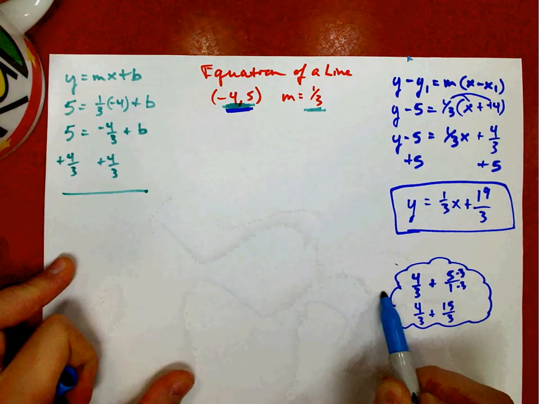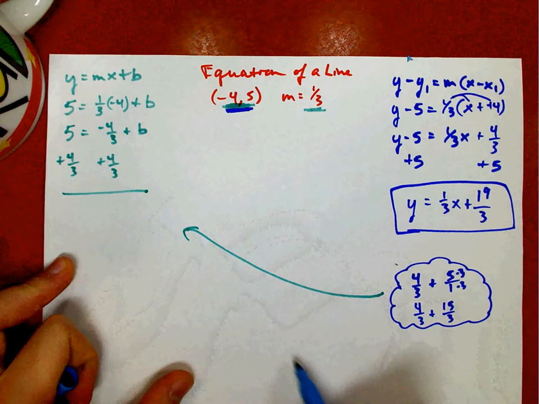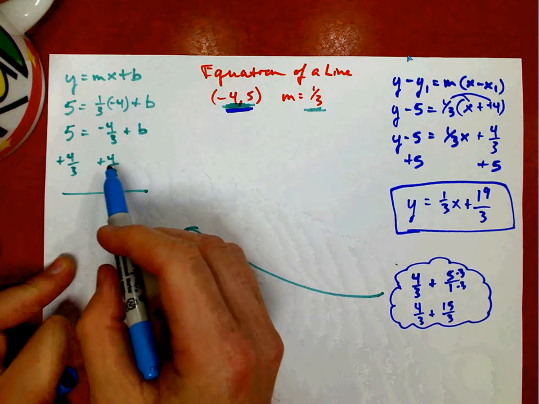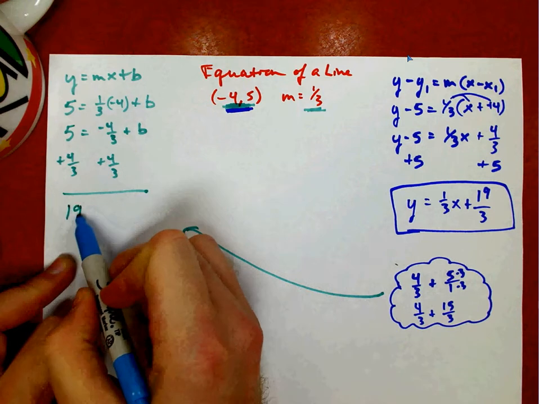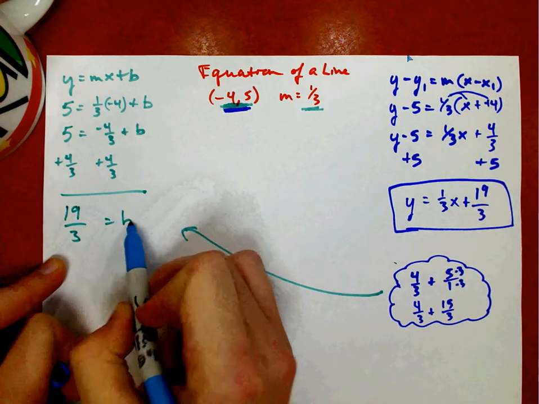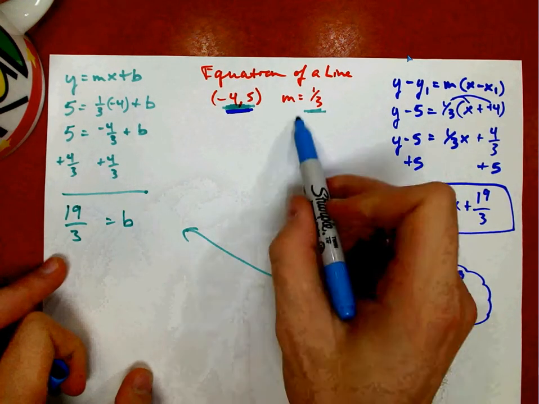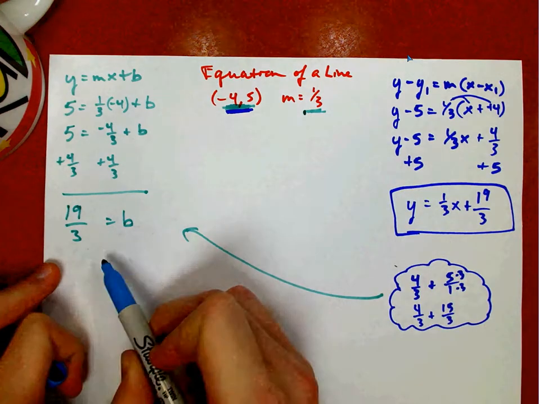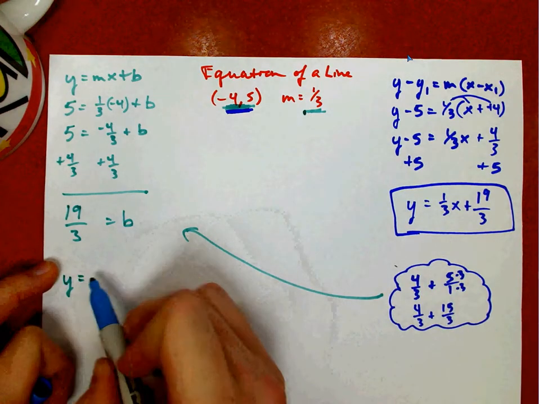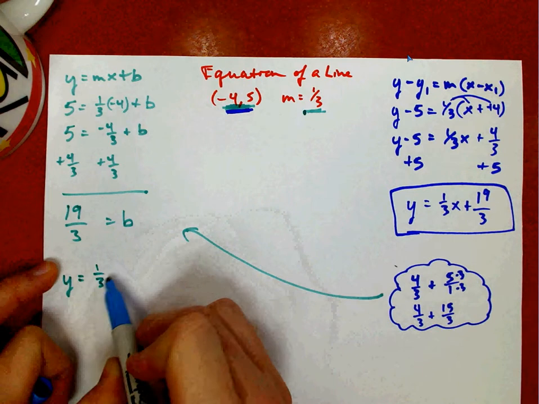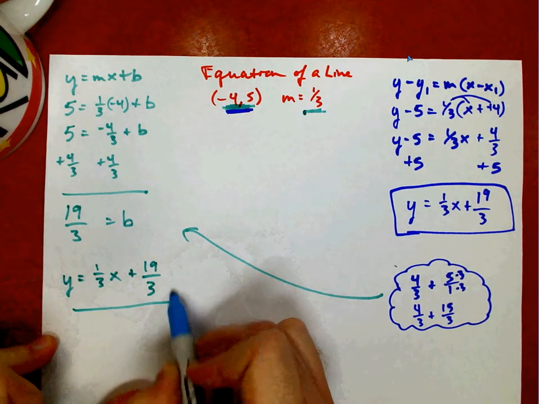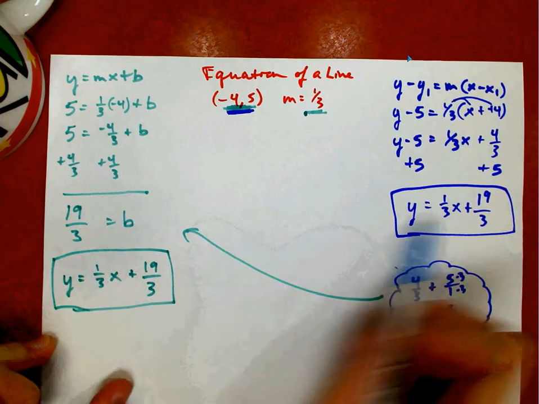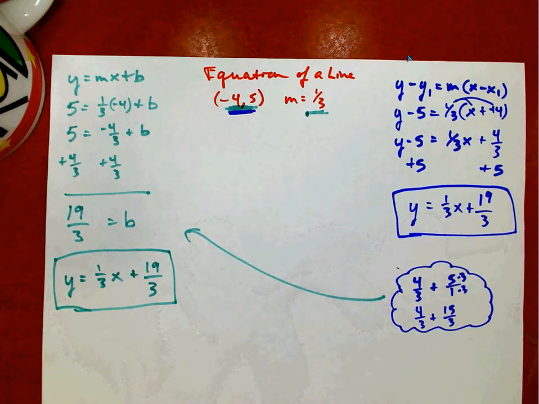And I know from over here that b is going to equal 5 plus 4/3 is 19/3. So now I have my slope, I have my y-intercept, I can write it in slope-intercept form. Whichever method you choose, you should still end up with the exact same answer.